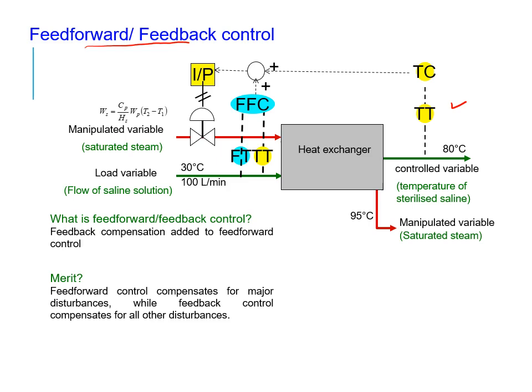The merit of the feed-forward or feedback control is that feed-forward control compensates for major disturbances, while feedback control compensates for all other disturbances. So each control system covers a part of the disturbance. You can see from this figure that the input signal from the control variable will be sent to the summing point.